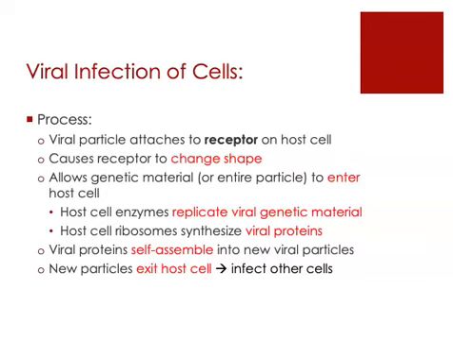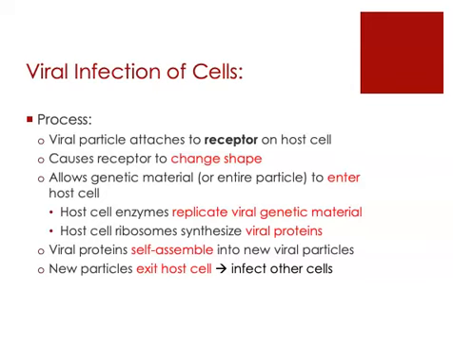And it's that shape change that allows entry into the host cell. Sometimes the viral particle just injects its genetic material. Sometimes the entire viral particle goes into the cell. It varies.